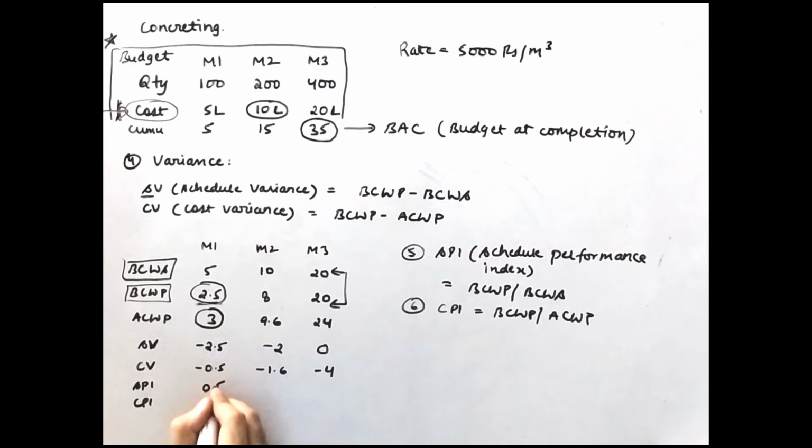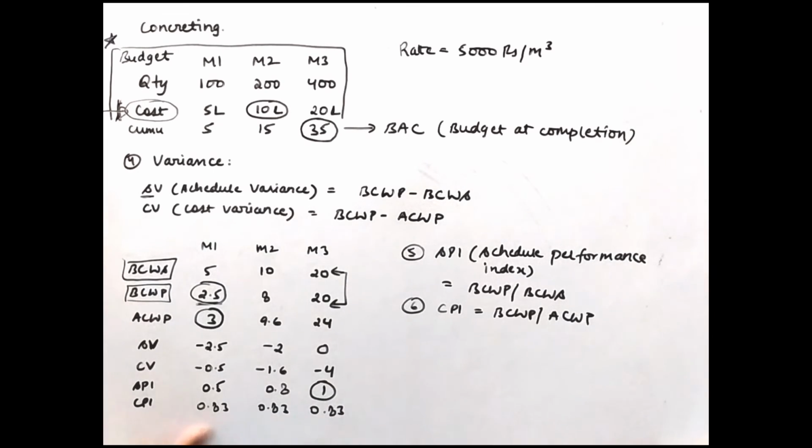So SPI is 0.5, 0.8 and 1. Here you can see it's coming 1, that means you are totally on time, but here it's less than 1, so you are behind the schedule. CPI is coming 0.83, 0.83 and 0.83. Why is it the same for 3 months?